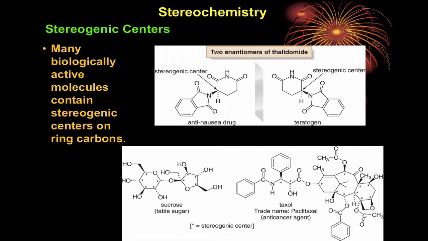Take Taxol. Anybody know the story of Taxol? This is what made Florida famous, right? This is why Florida, I can't remember if it's Florida State or University of Florida, but one of them got really rich because they figured out how to synthesize Taxol, okay? Notice how many chiral centers. 2, 3, 4, 5, 6, 7, 8, 9, 10.